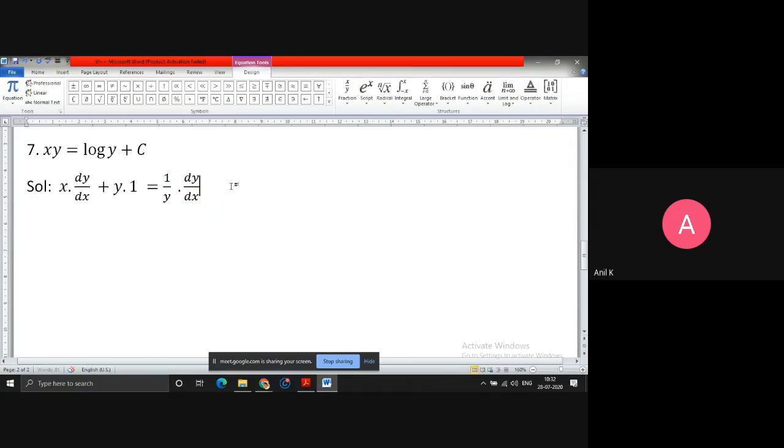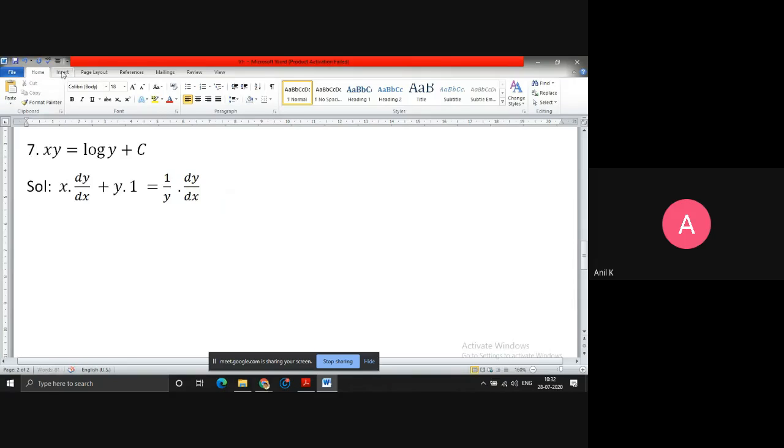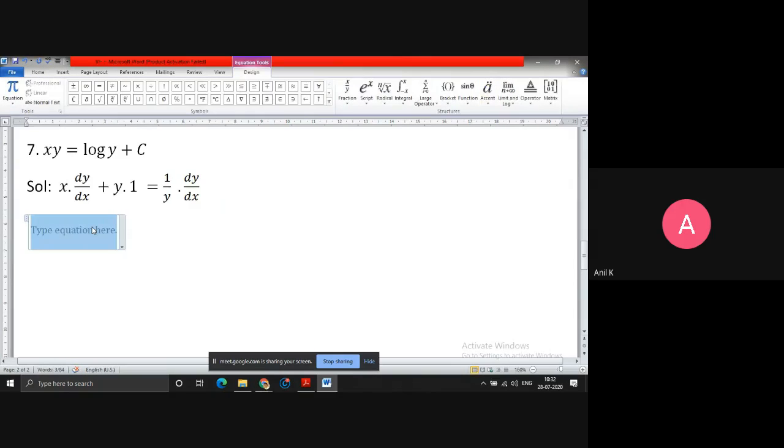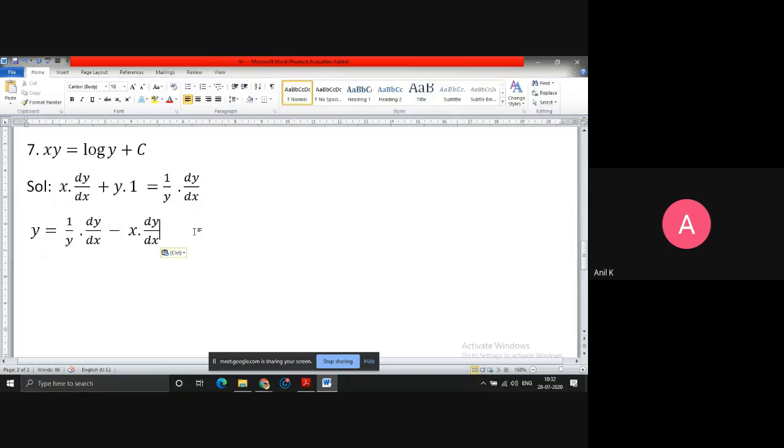This is the first derivative, got it. Now what I do is I bring the dy by dx terms to one side and the constant terms to the other side. So you can keep y equals, here you will get 1 upon y dy by dx, I'll keep this as it is. Then this minus x dy by dx will come to the right hand side.